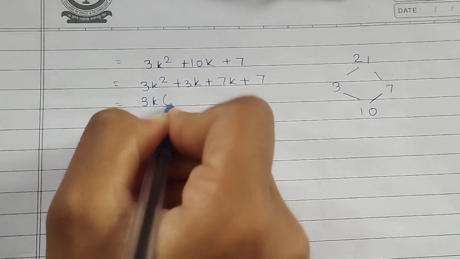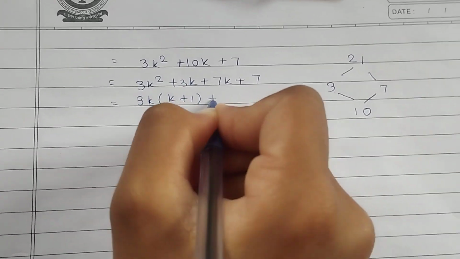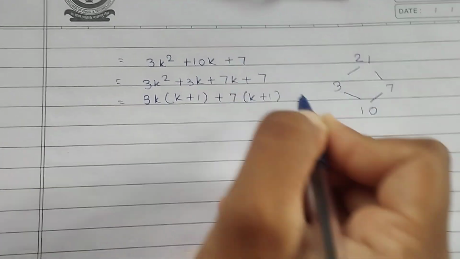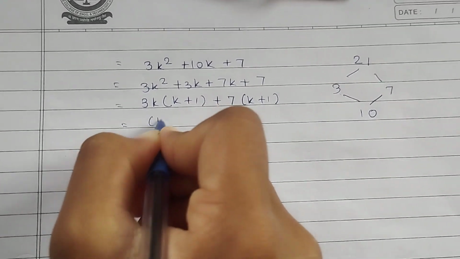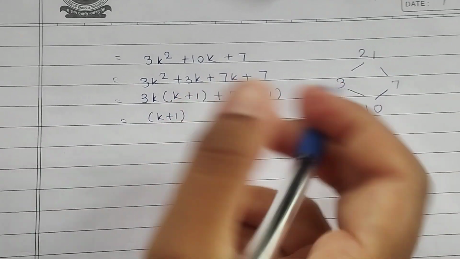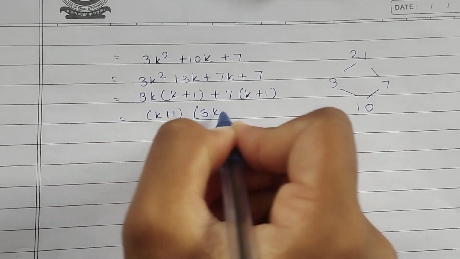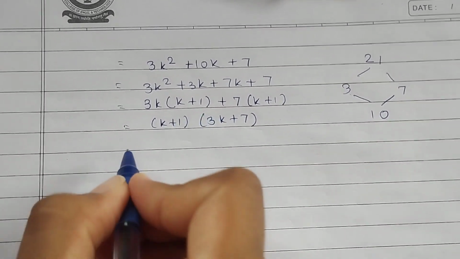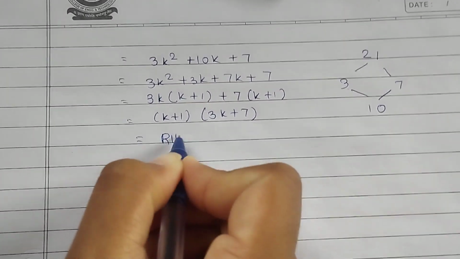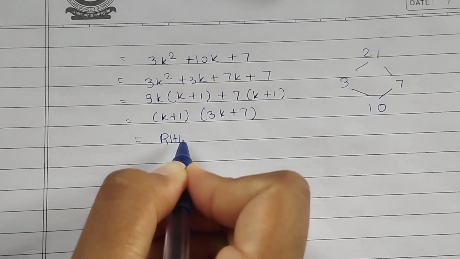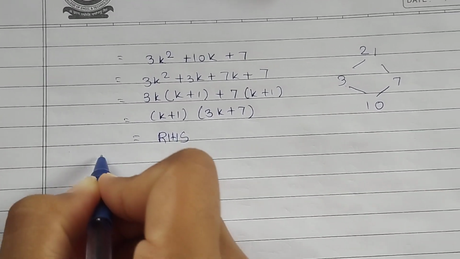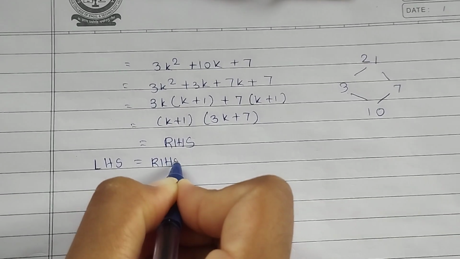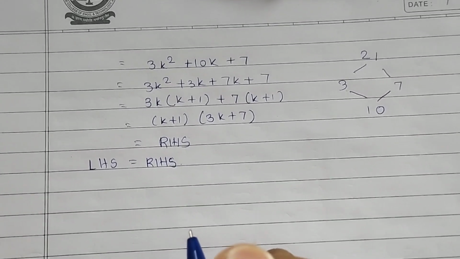So this is 3k, k plus 1, plus we take 7 as common. So 7 into k plus 1. So this k plus 1 is common from these two terms. So remaining is 3k plus 7. So if we observe carefully, then this is the RHS. So now we say that LHS is equal to RHS, hence it is proved.